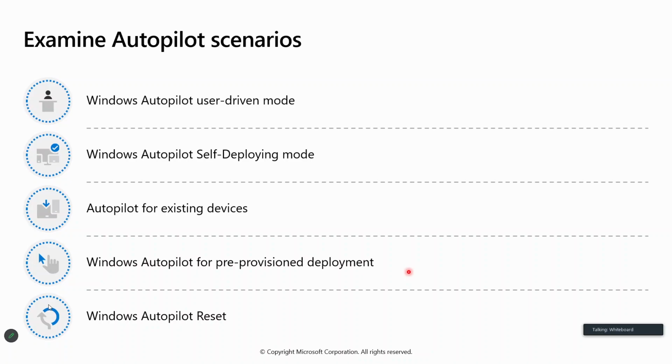We don't send it to the user directly. We get the computer first, and we run half of the autopilot process, installing all of the applications, etc., on the computer, and then send it off to the user, who still goes through their out-of-box experience, as they would if it was a brand new computer.